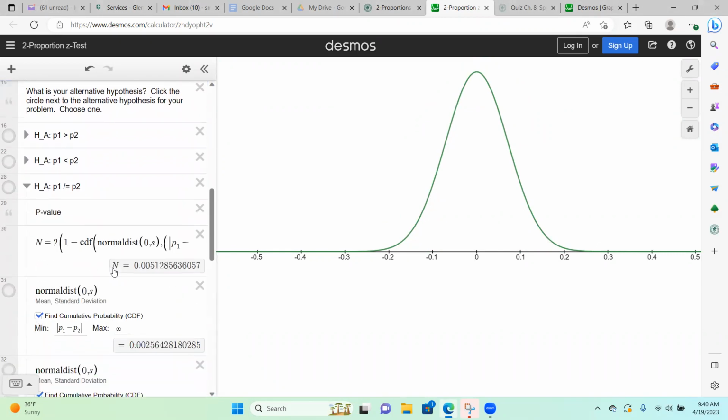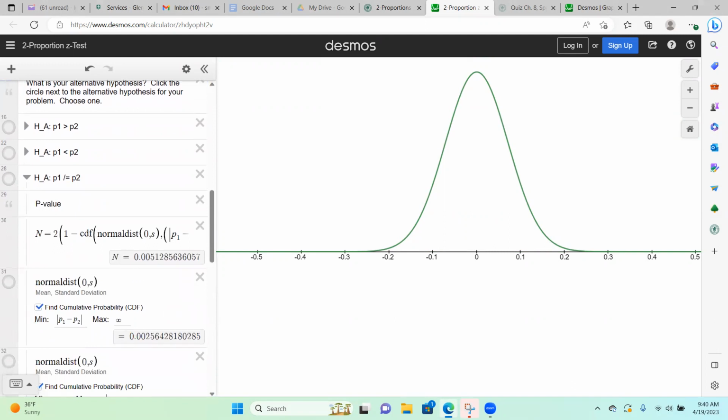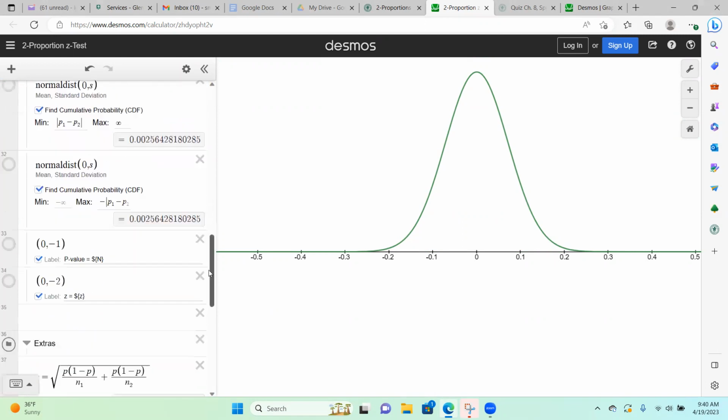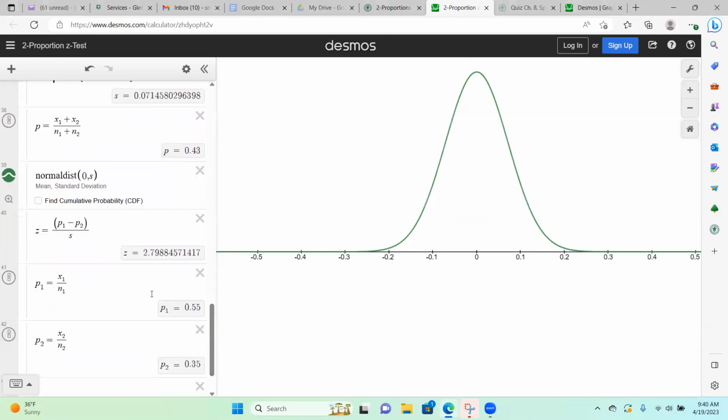And then our p-value is 0.0051, so pretty small. Let's go back down to the bottom. It gives us our Z score, which is 2.7988. So it's pretty far away from the center, so I'm guessing we're going to reject.